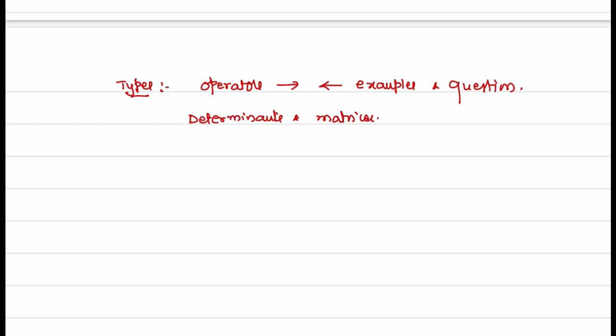Definitions. Then we will go for the operators, then again we will go for the questions. This is how we will complete our matrices syllabus and determinant syllabus, and then we will go for simultaneous equations.